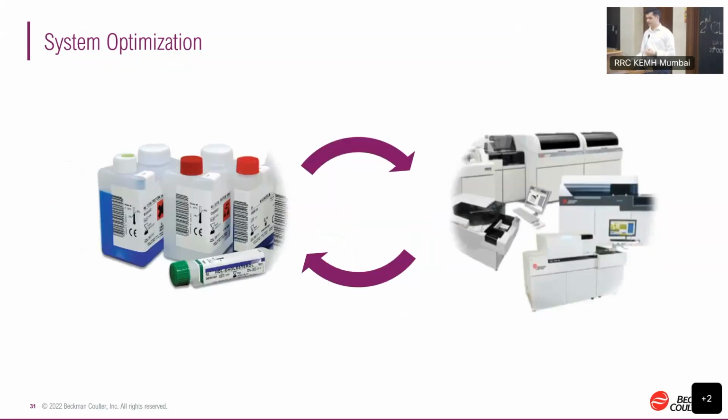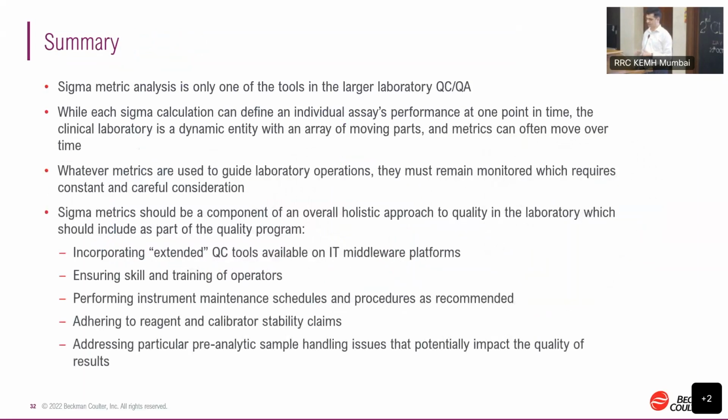So this takes me to the end of this presentation. In summary, sigma metric analysis is only one of the tools in the larger laboratory quality control or QA program. Each sigma calculation can define the individual assay performance at one point in time. The clinical laboratory is a dynamic entity with an array of moving parts, as we have seen in the previous slide.